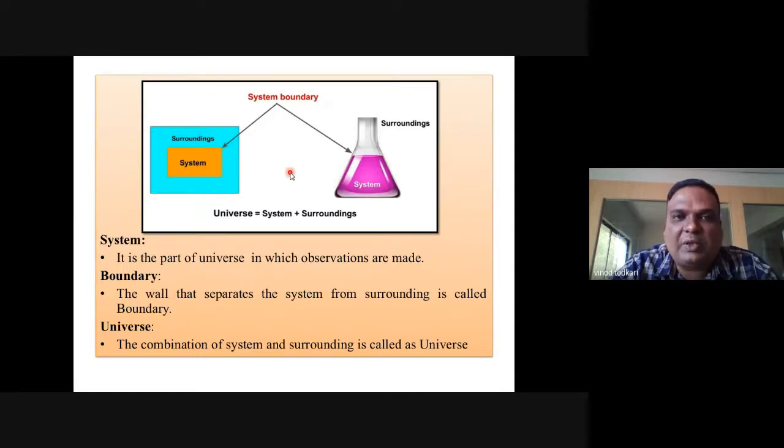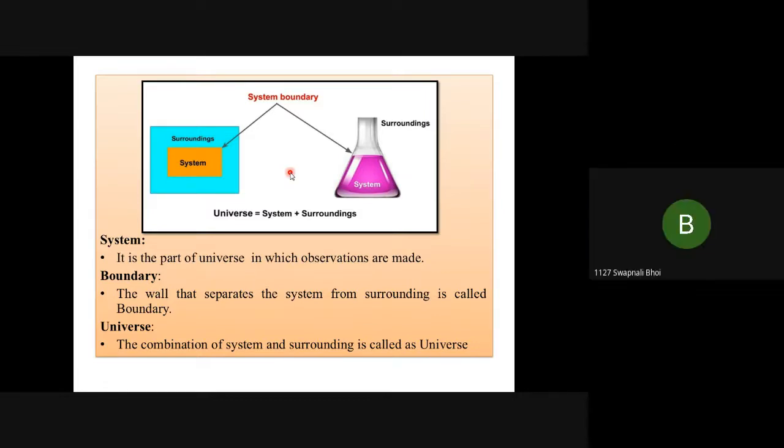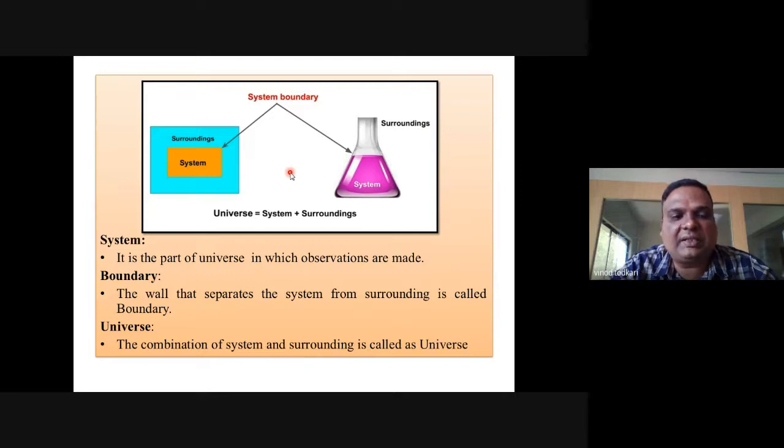Okay. What is boundary? It is a wall that separates the system from surrounding, and that is called a boundary. So one has told the definition of surrounding and one has told the definition of boundary. Both definitions are correct. Surrounding is anything in the universe other than system, and boundary is the thing or wall which separates system from surrounding.